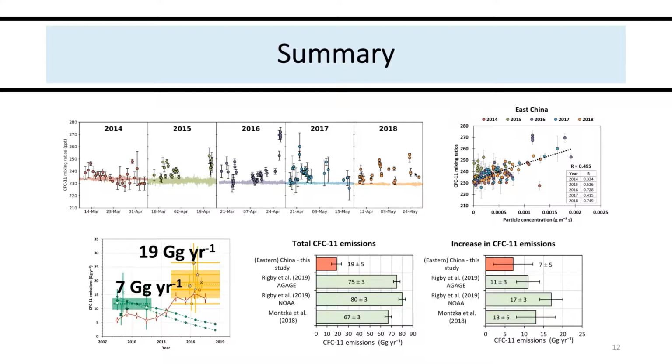We also found additional evidence for an increase in CFC-11 emissions from Eastern China of about 7 gigagrams per year, which likely contributed to the global increase in CFC-11 emissions. We're still not really sure what caused this increase in CFC-11 emissions, but it has been suggested that they may be due to illegal production of CFC-11 for its use as a foam blowing agent in building insulation.